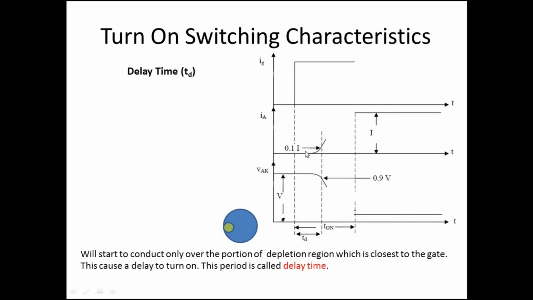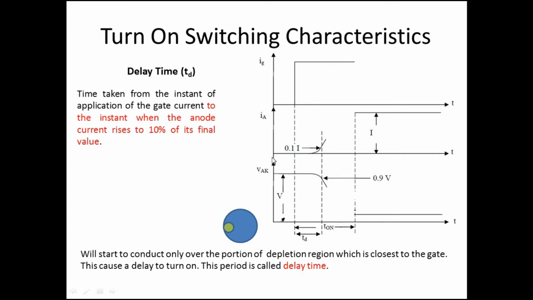So this time is called the delay time, because this causes a delay to turn on. We can define this as the time when the current reaches 10% of the final value, 0.1 I. We are starting from here, the time taken from the instant of application of the gate to the instant where the anode current rises to 10% of the final value.